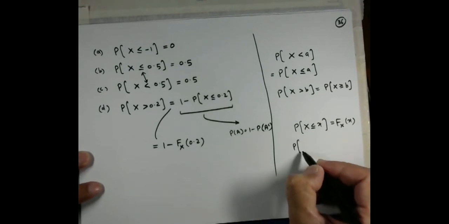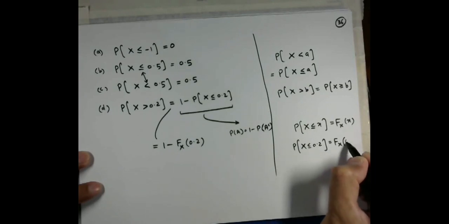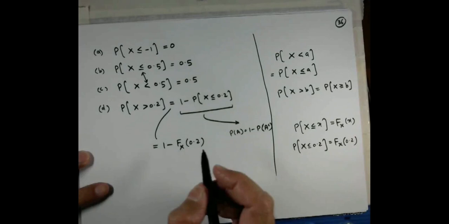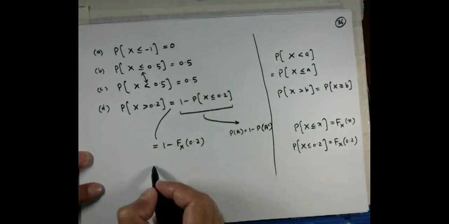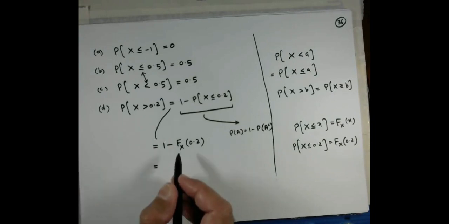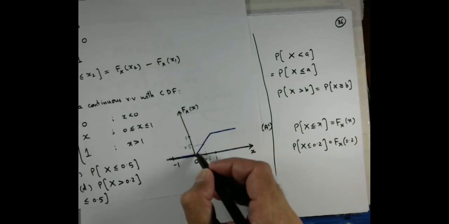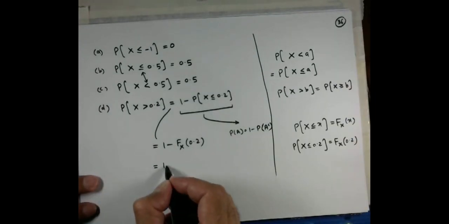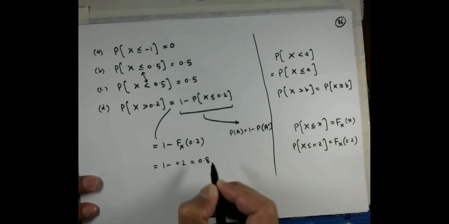So the probability that x is less than or equal to 0.2 is nothing but the CDF at 0.2, which means the total probability till the value of x equal to 0.2. So that is why we have written this part as such. And now you know that F sub X at 0.2 is simply 0.2 because of this plot. If x is equal to 0.2, so is the case with F sub X. So we can write it as 1 minus 0.2, and this probability becomes 0.8.